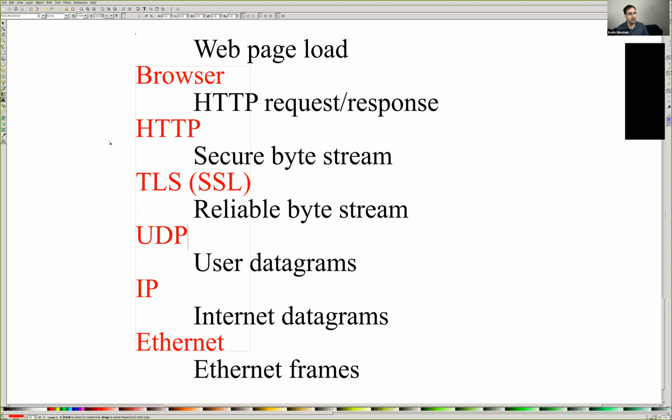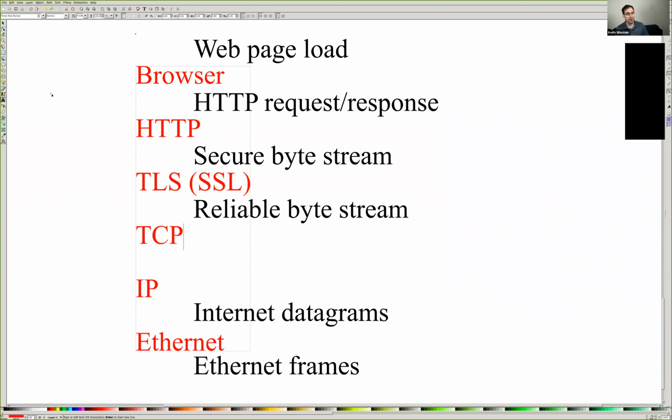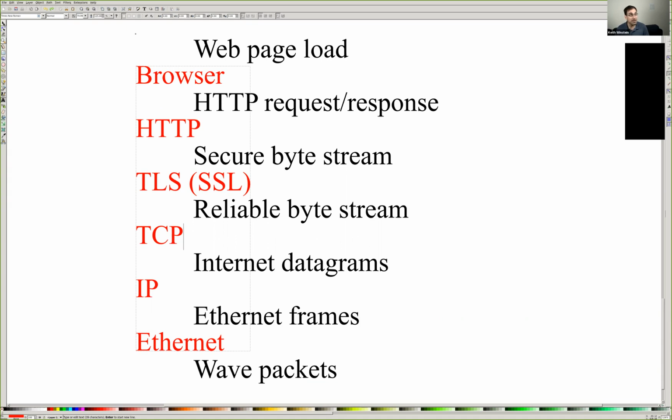Anyway, let me not complicate it further. I've already confused myself. But the point is, TLS is something that converts from one kind of byte stream to another kind of byte stream, just like UDP converts from one kind of datagram to another kind of datagram. But it's totally fine to do this. Someone says, is this how HTTP becomes HTTPS? Yeah, that's totally true. Exactly.